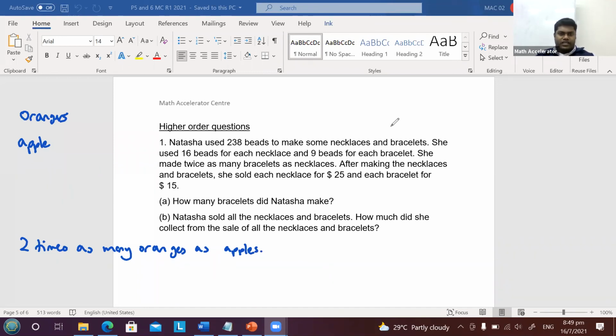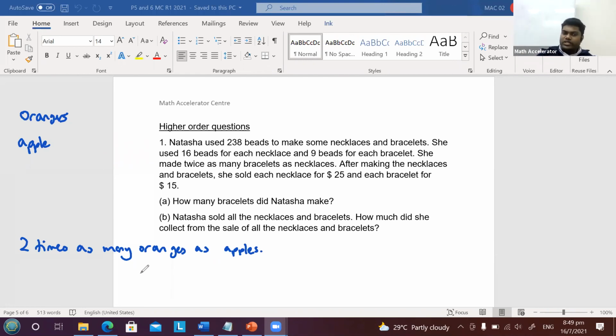Yep, I think Nick got it correct. So 3, no. I didn't ask for total. What is the minimum number of oranges and what is the minimum number of apples? Okay, it has to be 2, right? Because think about it.